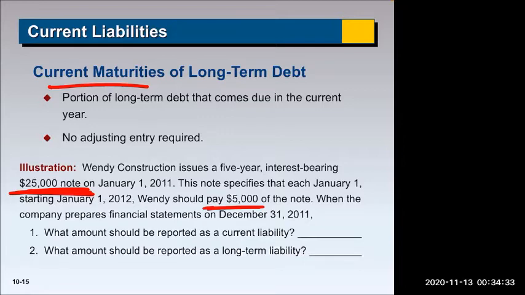Okay, so part of it's going to be classed as long-term, a part as short-term. And that's important because if I look at any business or person and I see that they've got millions of dollars of debt, that might be concerning, but I'm not as concerned. Like if I look at somebody that has a $1 million mortgage, that's a lot of money.